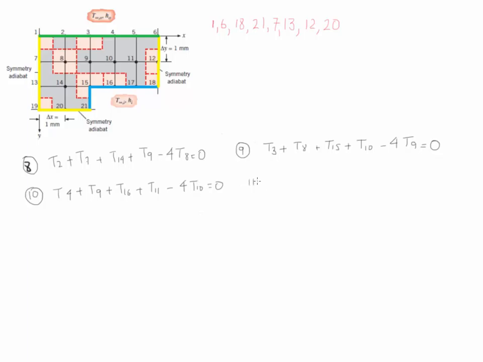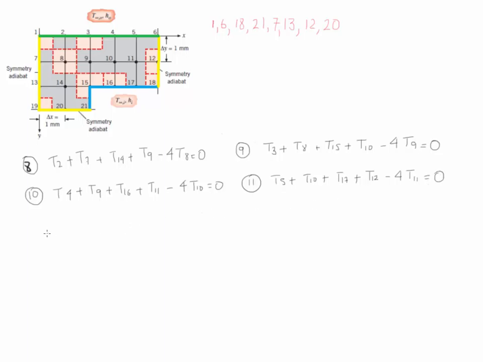Next node is node number 11. The surrounding nodes are 5, 10, 17, and 12. Therefore, we write the equation as T5 plus T10 plus T17 plus T12 minus 4 times T11 is equal to 0.